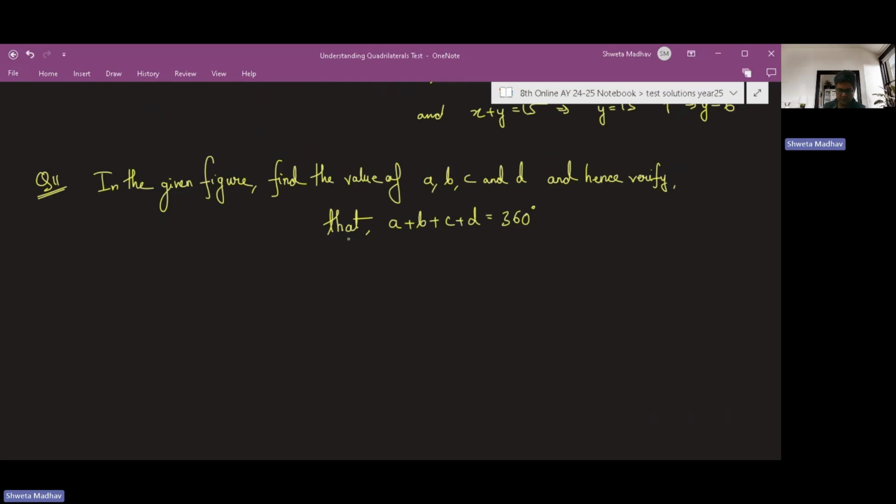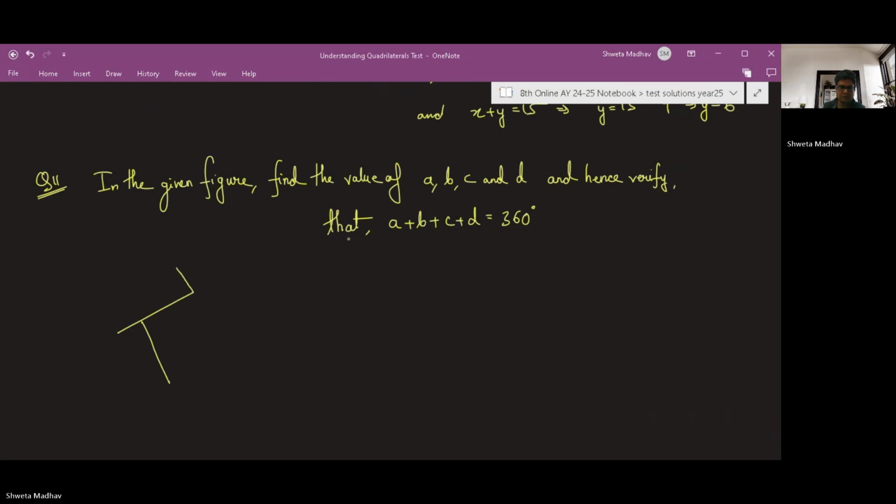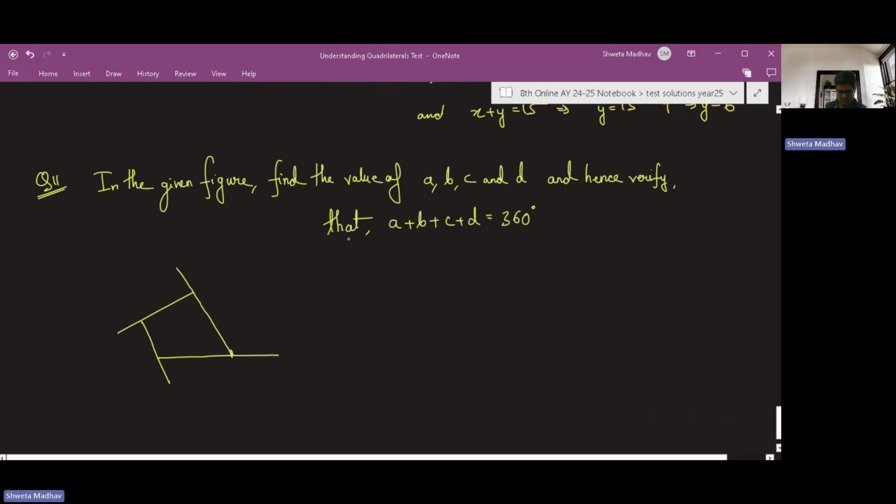So the given figure is somewhat like this.